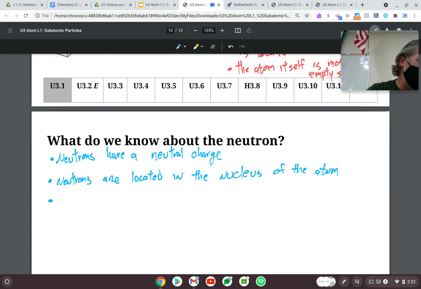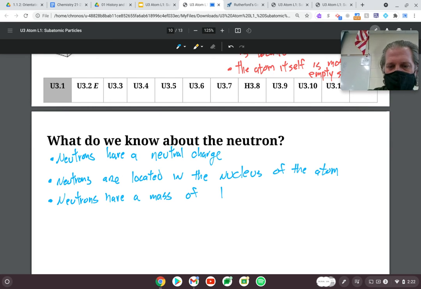And the other thing that you may or may not know is that neutrons do have a mass of 1 AMU, or atomic mass unit.